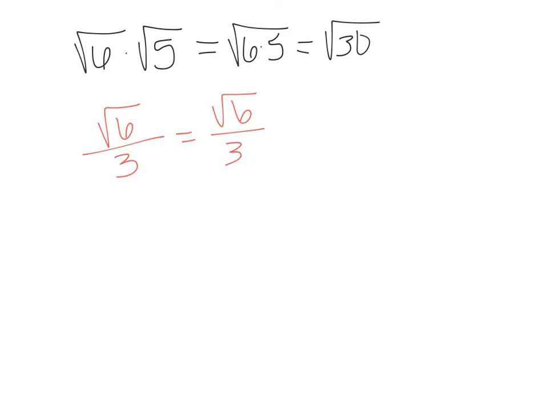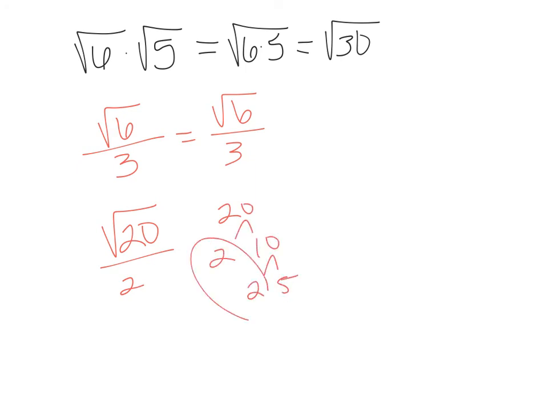But let's say you had like the square root of 20 over, say, 2. Well, this one can reduce because 20, if we did the factor tree, is 2 and 10, 2 and 5, and we have a pair of 2's. So the square root of 20 is 2 square root 5 over 2, and the 2's can reduce.